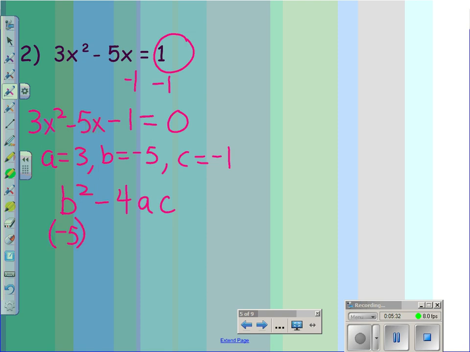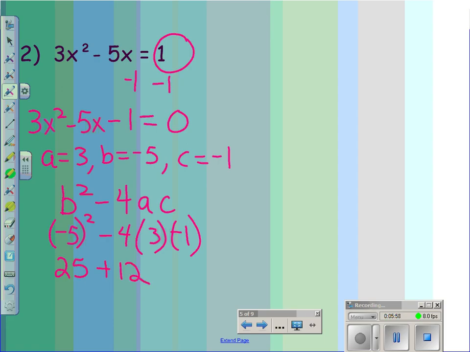That's what the discriminant tells us to do. I'm going to put -5 in parentheses and square it, minus 4 times a, which is 3, times c, which is -1. -5 squared is 25. And on this side, I've got -4 times 3, that's -12. And then -12 times -1 gives me a positive 12.